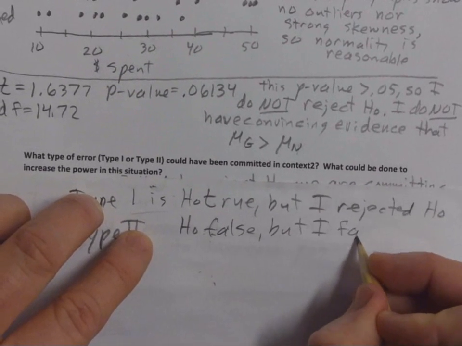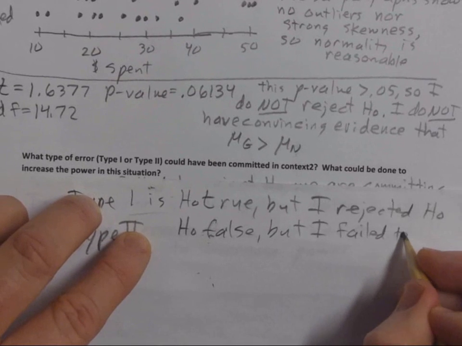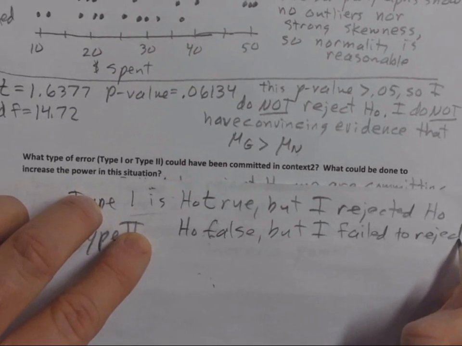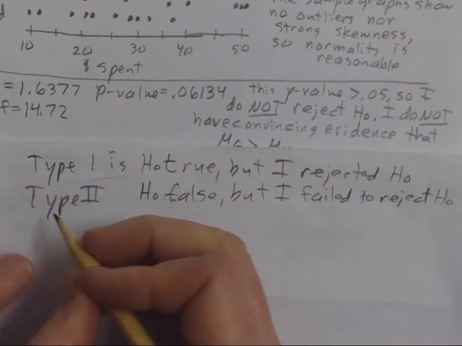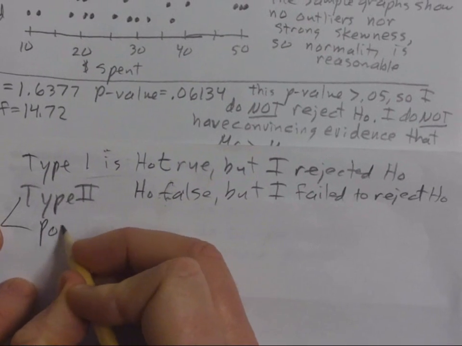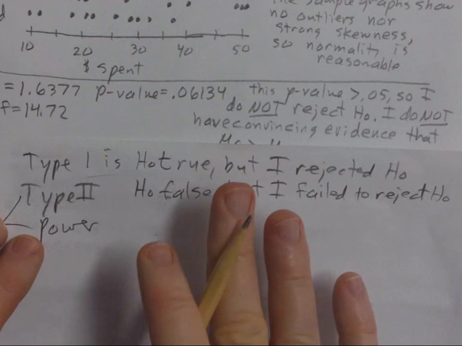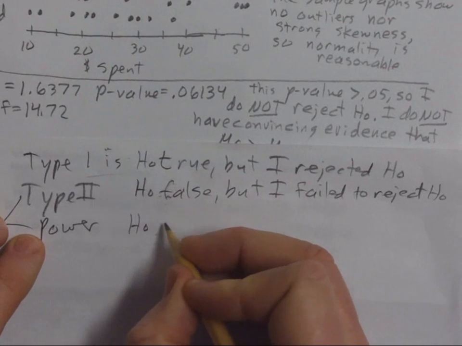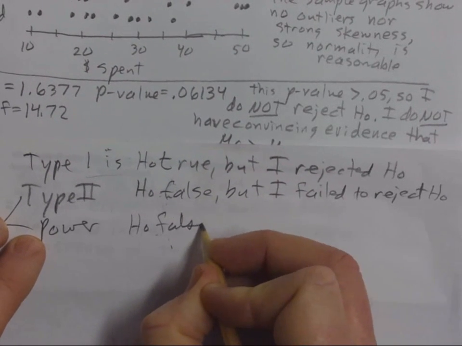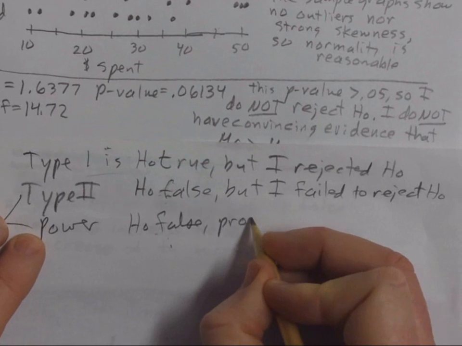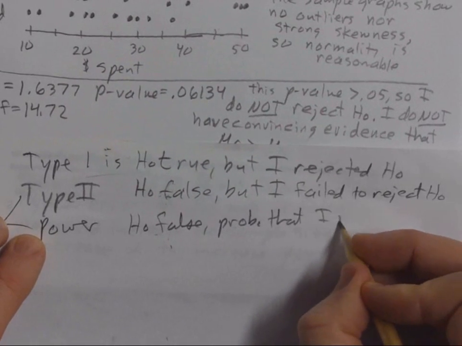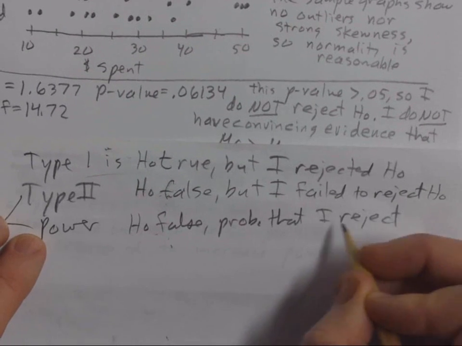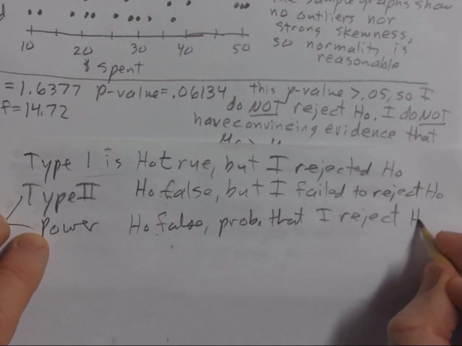I failed to reject the null hypothesis. Power goes along with type 2. Power is a type 2 situation, but you do the right thing. Power is when the null is false, and it is the probability that I reject it. So power is a conditional probability anyway.